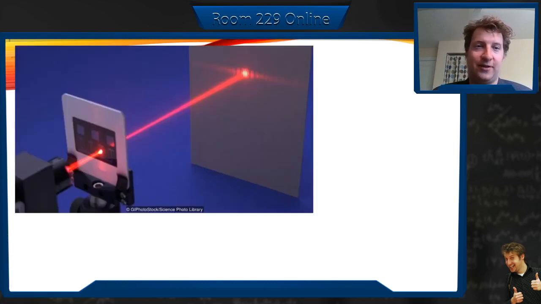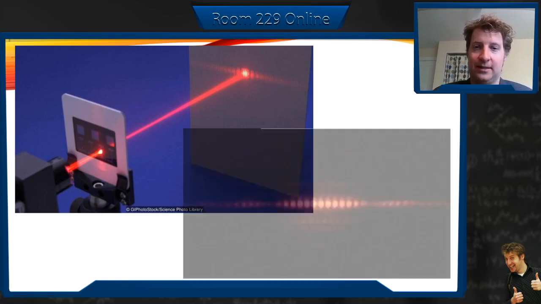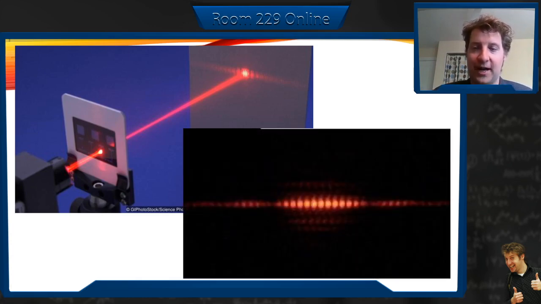Okay? So then if I shine that onto a tiny little grating or a slit here, this is in the order of micrometers, we end up with this pattern. We end up with a diffraction pattern. So this is actual evidence that you can see with your own eyes that light behaves like a wave.